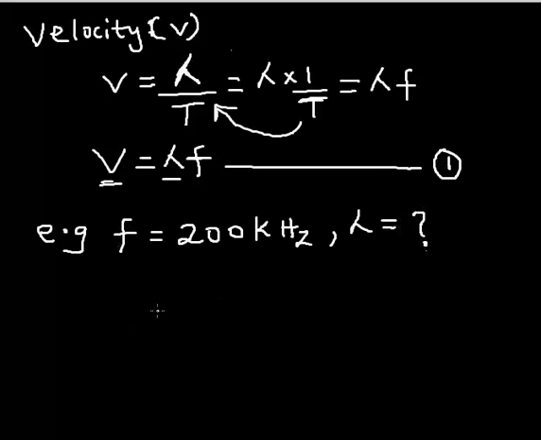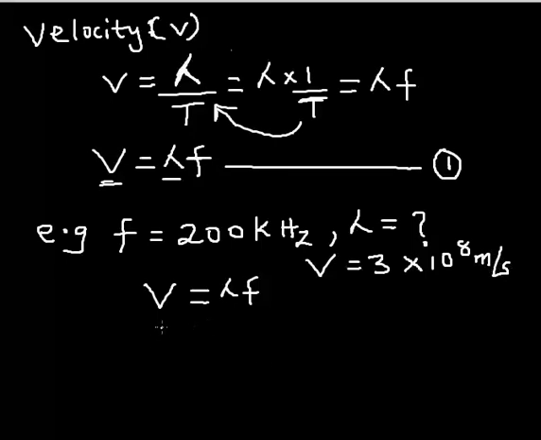So how do we do that? We apply the formula v equals lambda f. Of course, v is the velocity of every radio wave. Every electromagnetic wave will always use the velocity of light, which is constant. It's given as 3 times 10 raised to the power of 8 meters per second.